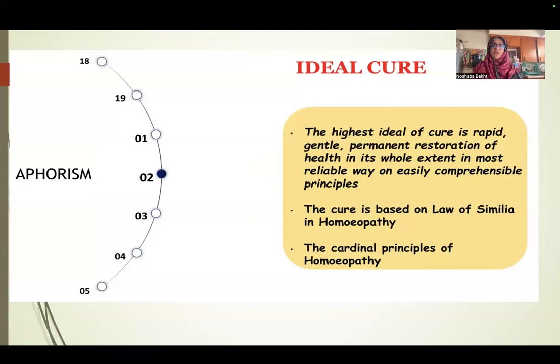The ideal cure is based on the law of similars, and the ideal is to cure rapidly, gently, and restore the health permanently in its whole extent. These are the principles of homeopathy.